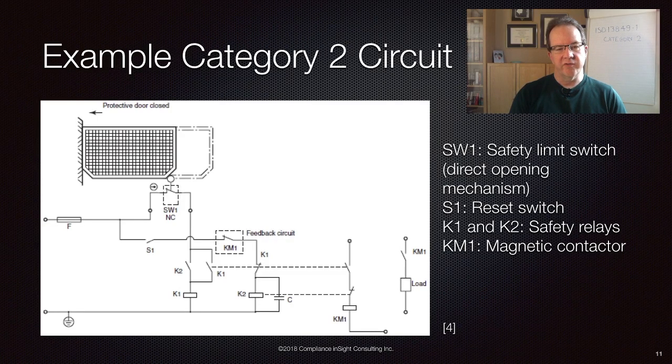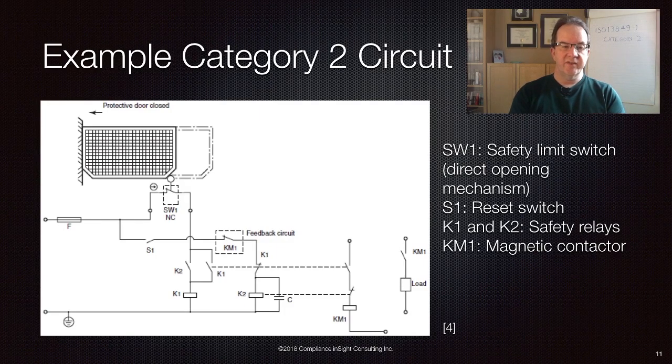If K2 welds, it's not possible to turn KM1 on because its normally closed contact will stay open if K2 is welded. If K1 welds, you can't energize K2 because the normally closed K1 contact will be open, and so therefore you never get power to the coil of K2.